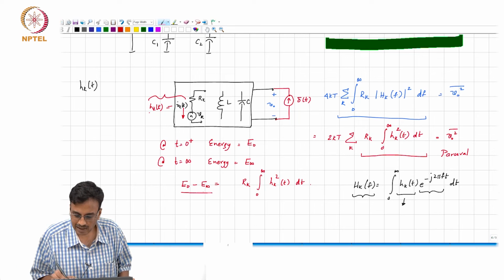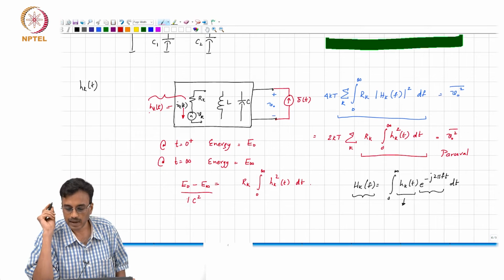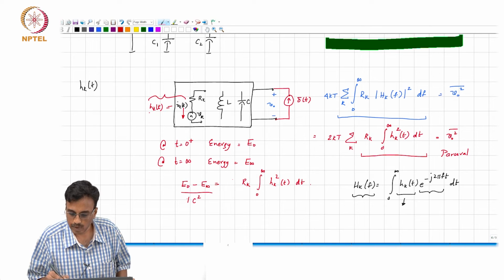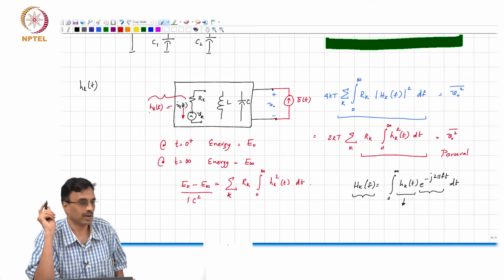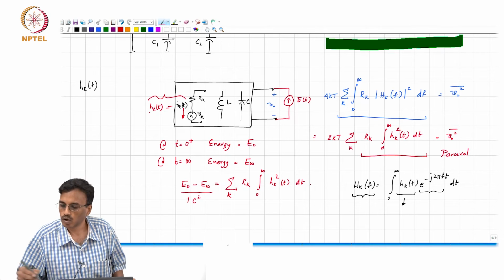So, if I divide this by 1 coulomb square, I basically get Rk times integral 0 to infinity hk square of t dt. And the summation over k is obvious, correct? Is this clear?